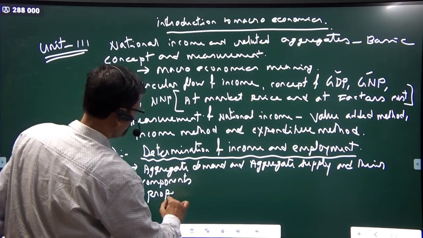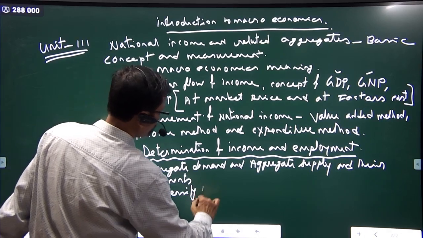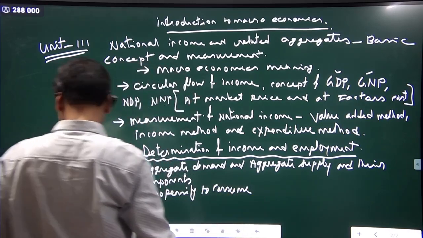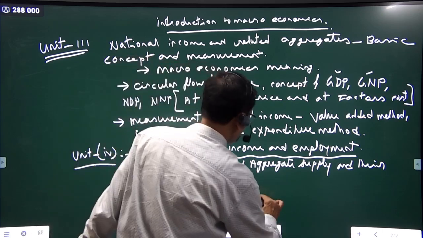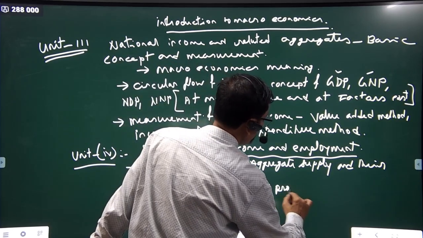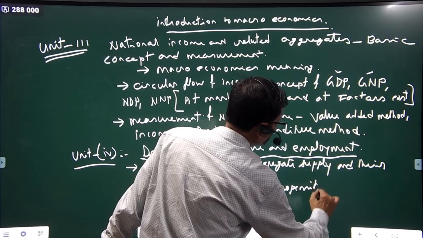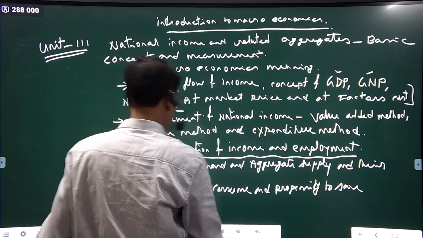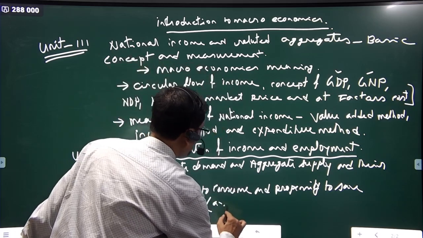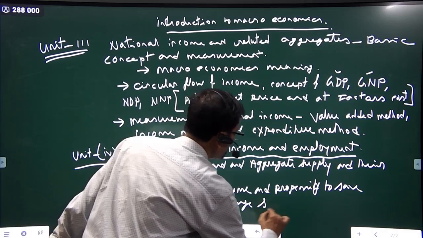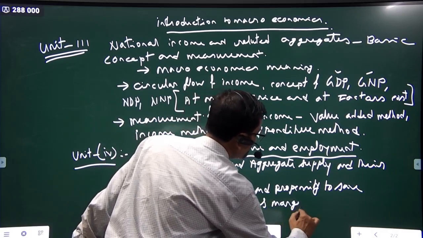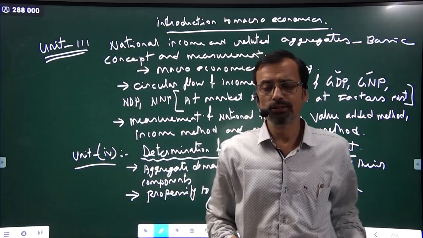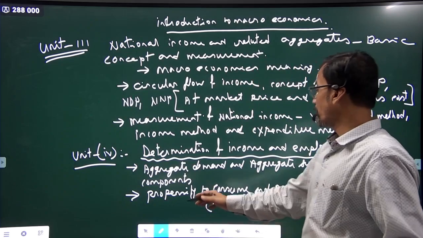Propensity to consume and propensity to save. Average and marginal, both are needed to understand. So what is this propensity to save?